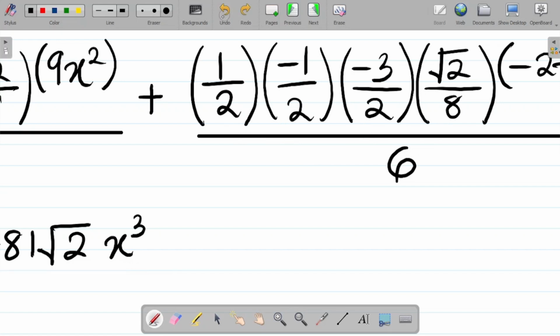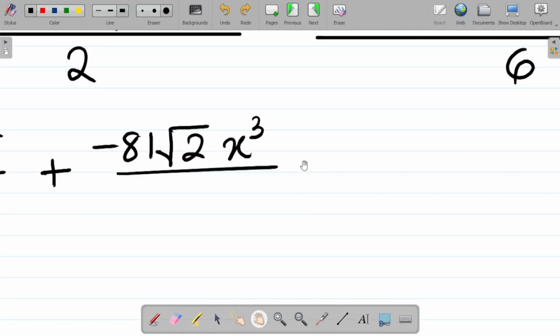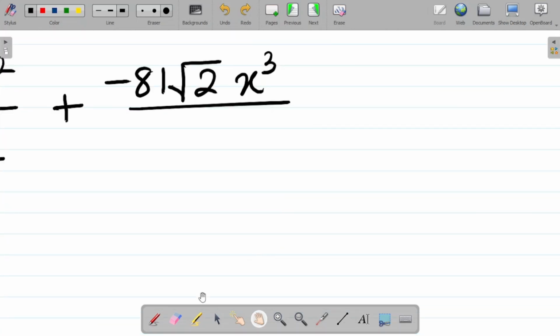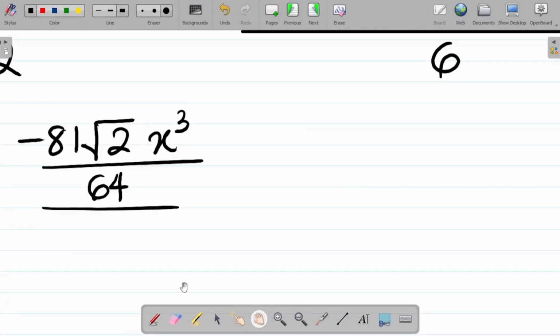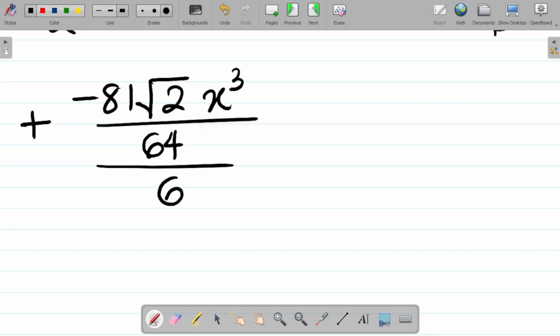So if I multiply all denominators, I'll have that as 64. So this all over 64, and all over, what I have here is 6. So all over 6. So you have this. All right, so basically this is what I have so far.